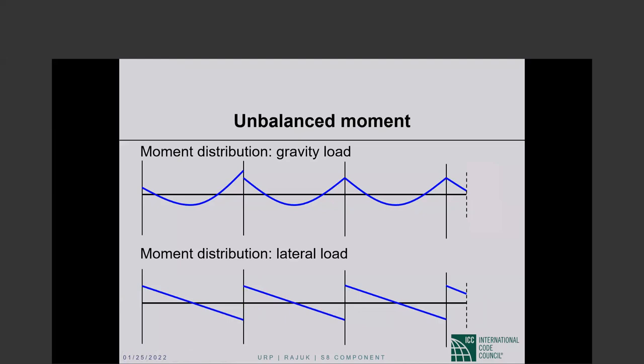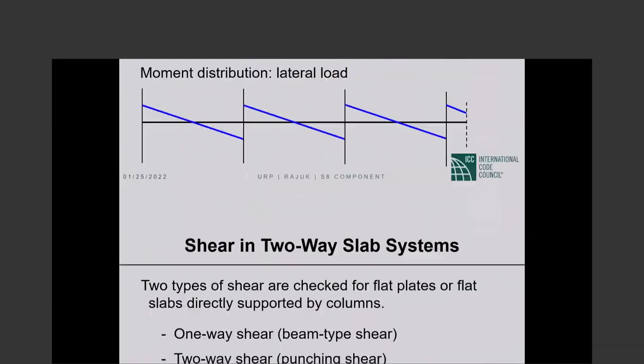So under lateral loads, it is not just at the exterior support section, but at every support section, there is significant moment transfer. This is a huge difference between a slab that supports gravity loads only, and a slab that also is used to resist wind or earthquake forces.